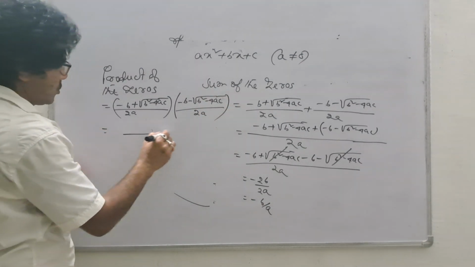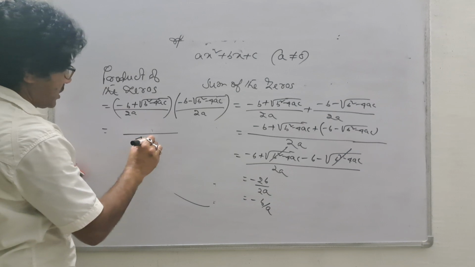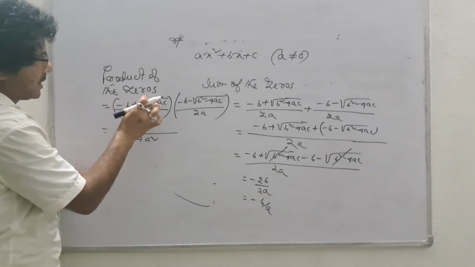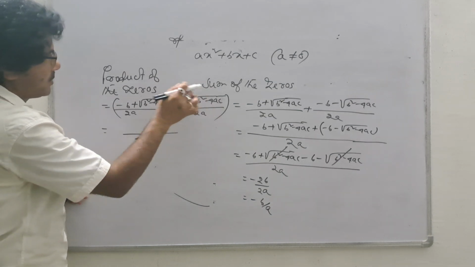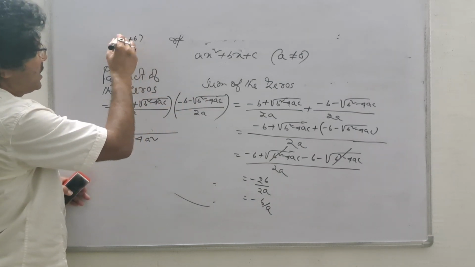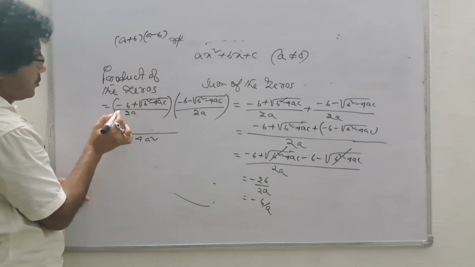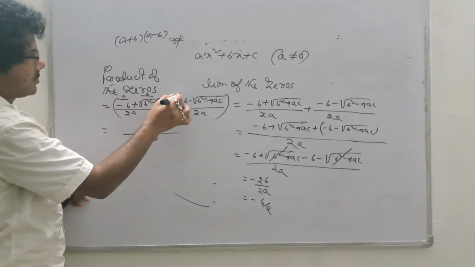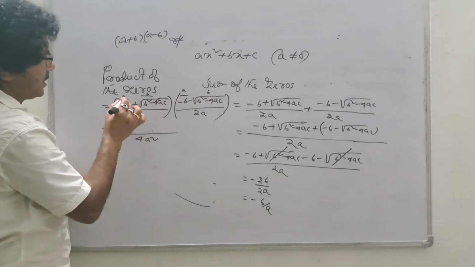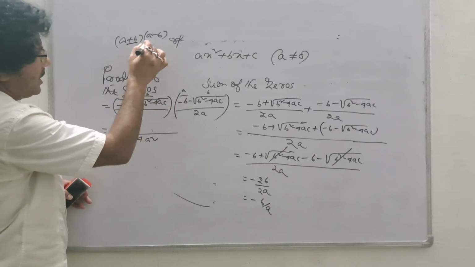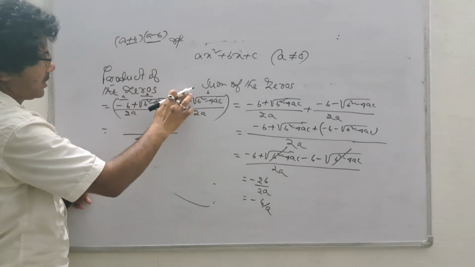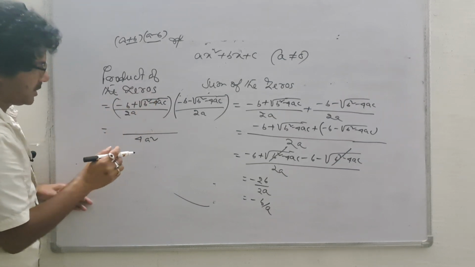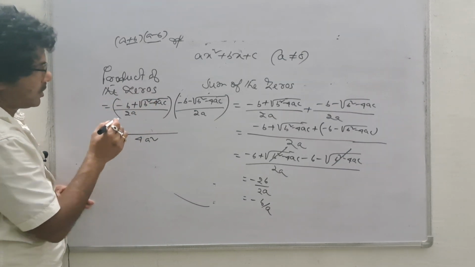So 2 into 2 is 4a squared. Now suppose this one is a plus b and this one is a minus b. If you suppose this one is a and this one is b, then a plus b, a minus b form is coming. So there is an identity, or we can call it a formula also.